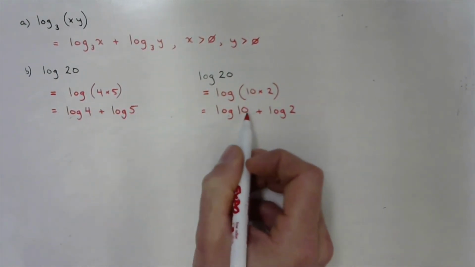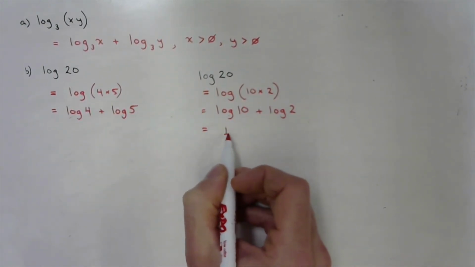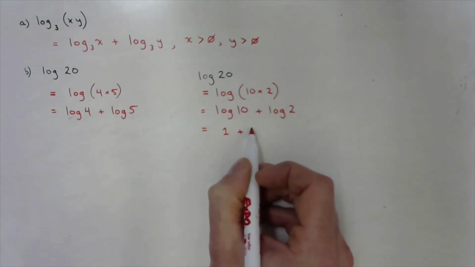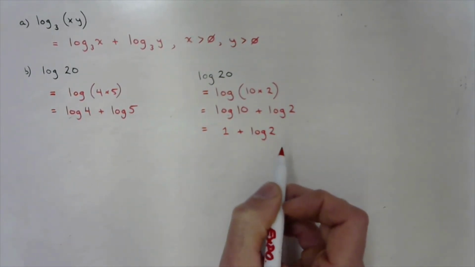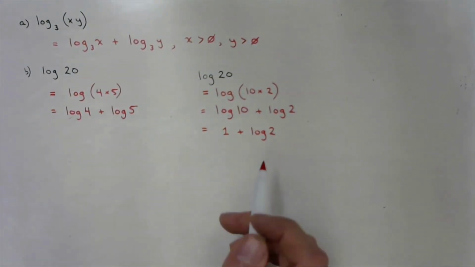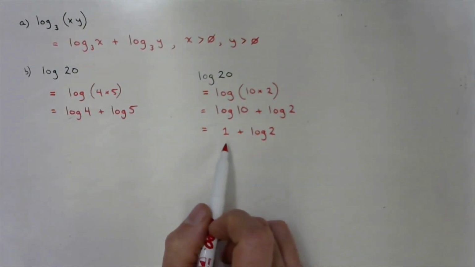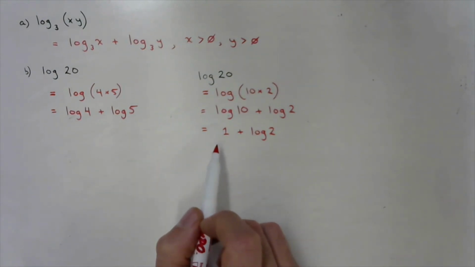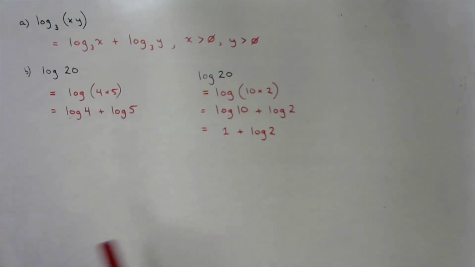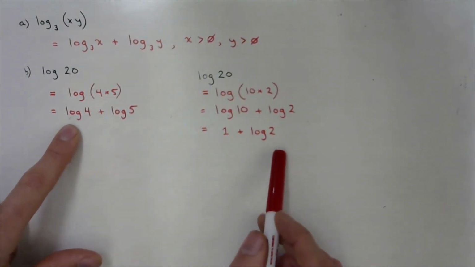What do you know about the log of 10? It's 1. So in some ways, this is more simplified, I suppose. If you can get all the way down to 1, that's helpful. But they have the exact same value, these statements. Okay?